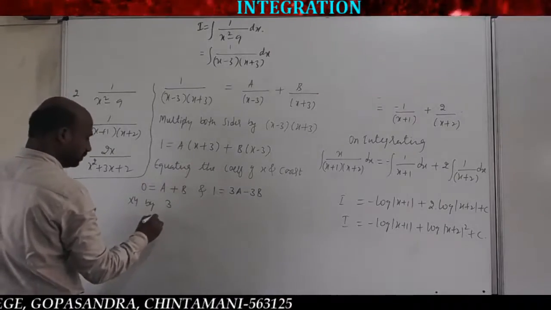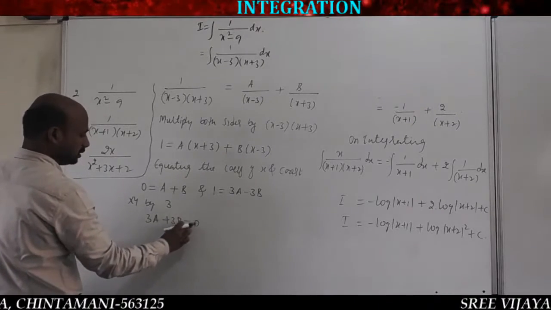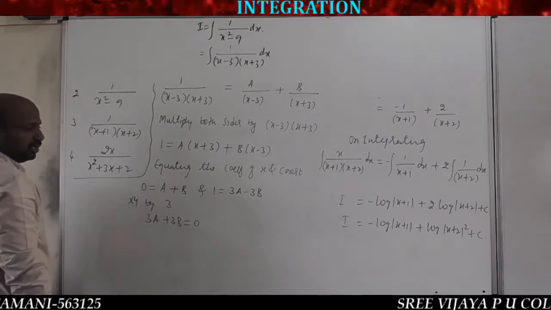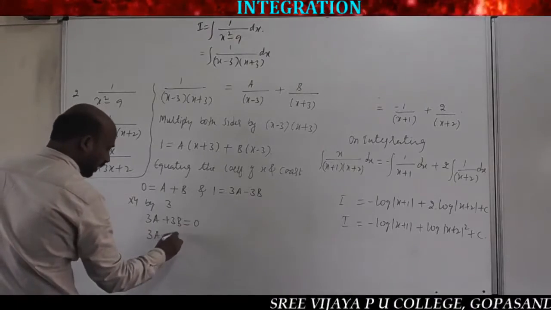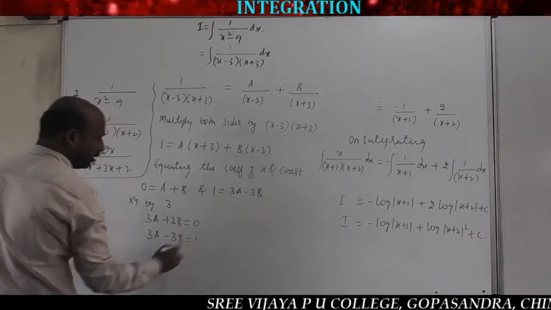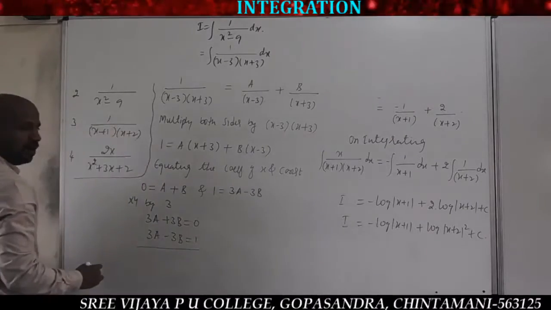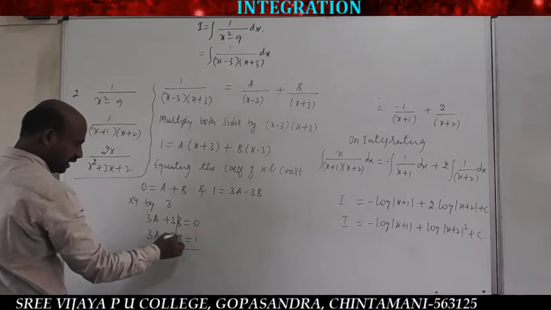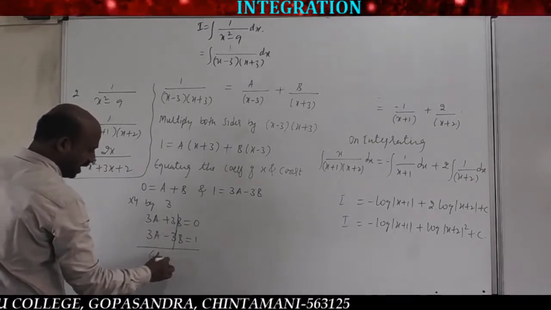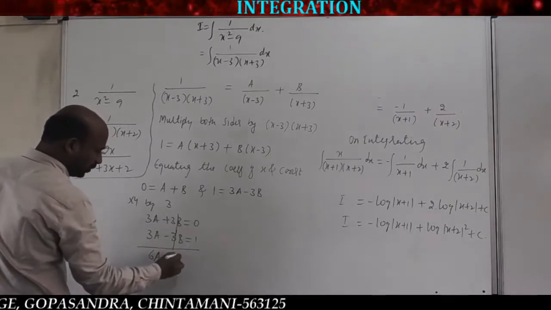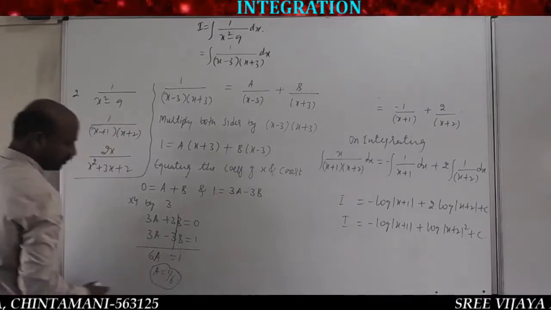Then 3a plus 3b equals 3 into 0, which is 0. Now take this equation, 3 times a minus 3 times b is 1. Since b has the opposite sign, we add. When we add, plus 3b and minus 3b cancel. 3a plus 3a is 6 times a. On the RHS, 0 plus 1 is 1. So the value of a is 1/6.